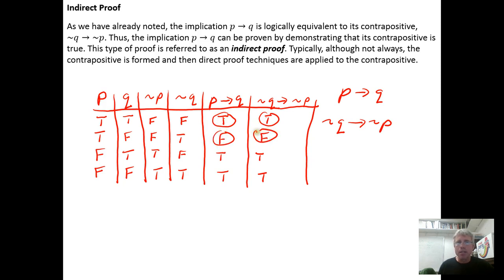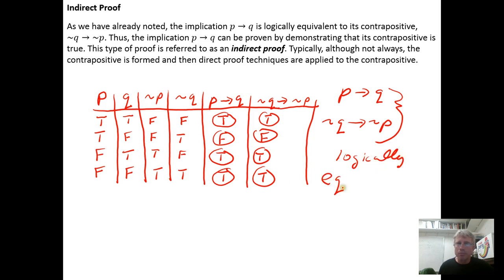And because the columns for the truth tables were identical for each P implies Q and not Q implies not P, we concluded that these two statements were logically equivalent.